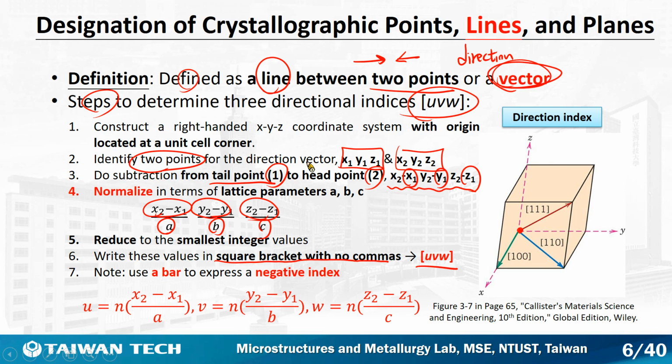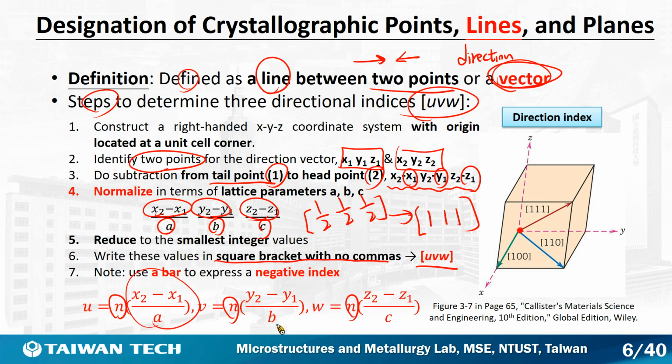So we will reduce it to the smallest integer values. For example, if you get a result like this one, we will make it 1, 1, 1. So we need to have an n here. N here is to make these three values become the smallest integers.